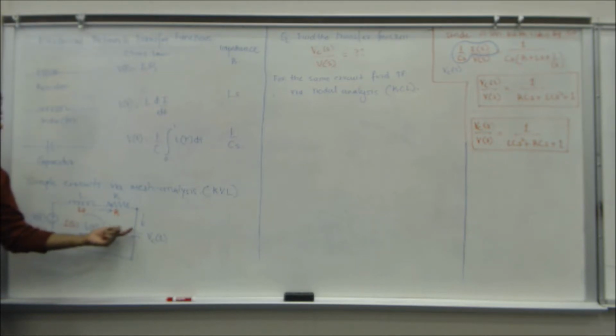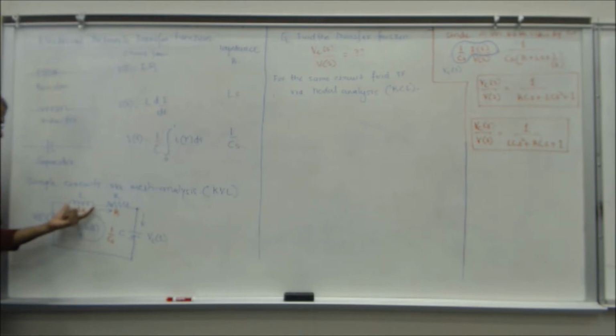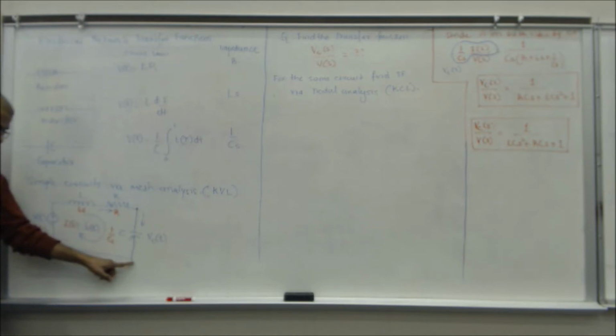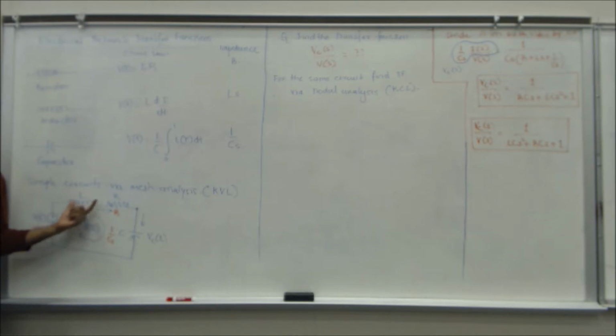We could have said, find the transfer function for this output. Here it doesn't matter because this will give you an expression for either one of them. Or let's say if we said find a transfer function for this, if you pick this node, that expression is not going to have this term. So you're not going to get an expression for the output.